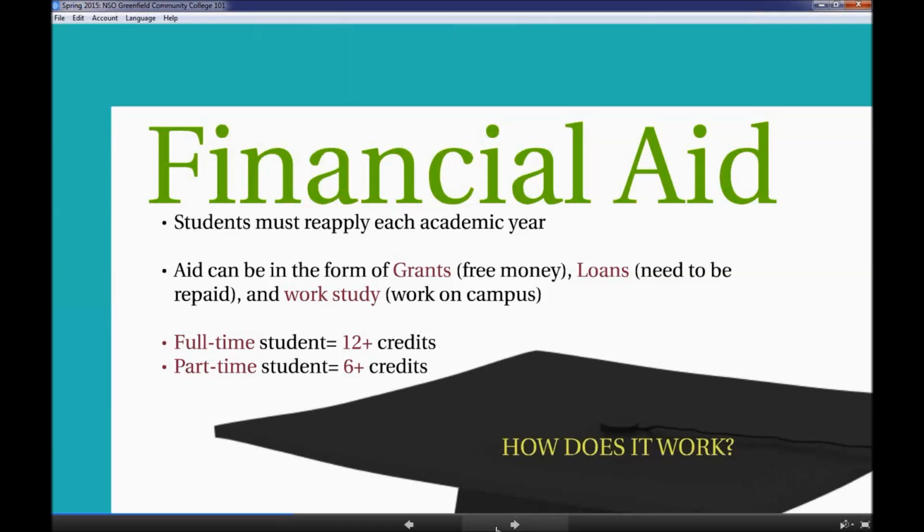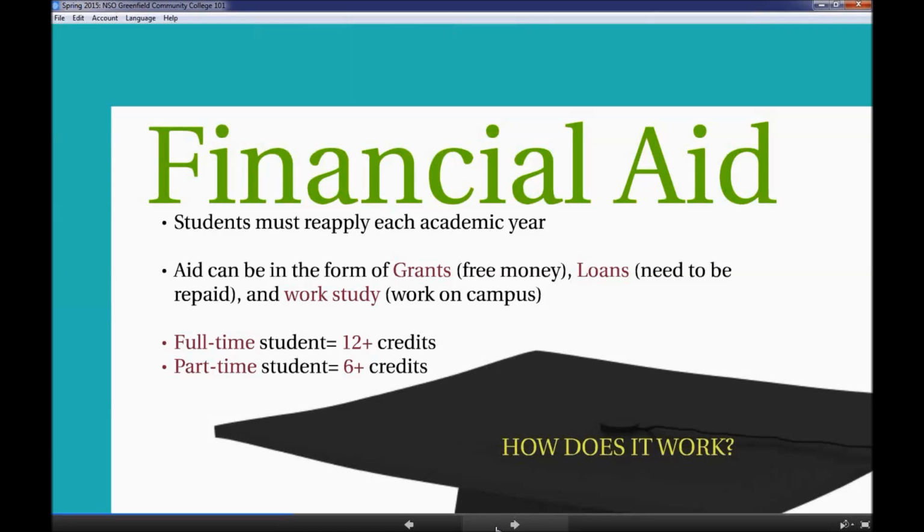Loans, this is something that many students are also eligible for, but loans come to a student as a debt. So students are taking money out in their name. It is money that usually is accruing interest while you're in school, and it is money that will have to be repaid upon separation from the college.